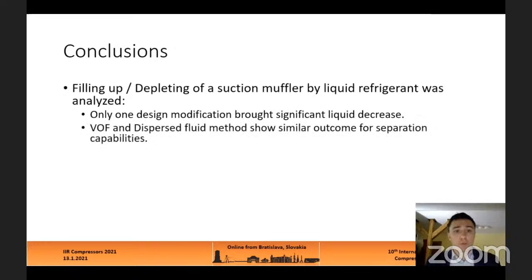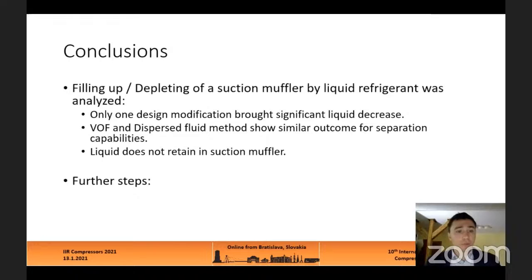Both methods, volume of fluid and dispersed fluid, were able to predict the same or similar separation capabilities of the proposed designs. And what we found out also is that the transfer of the liquid from the inlet to the outlet is very quick and that the liquid does not retain in the suction muffler.